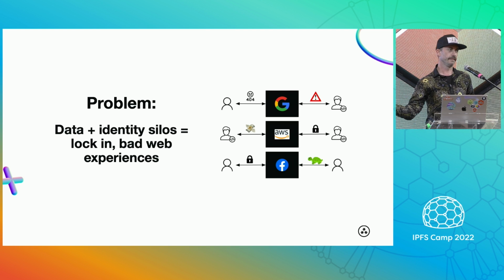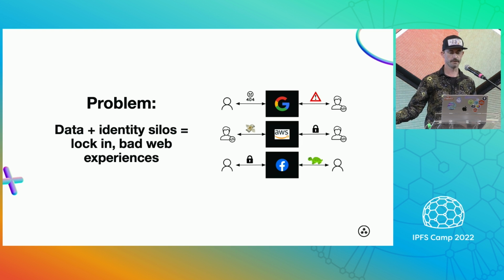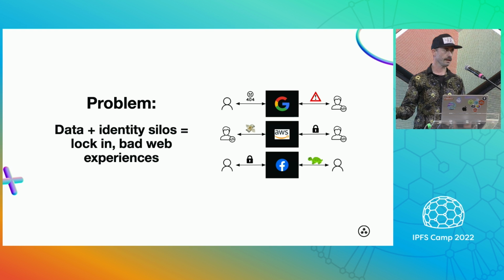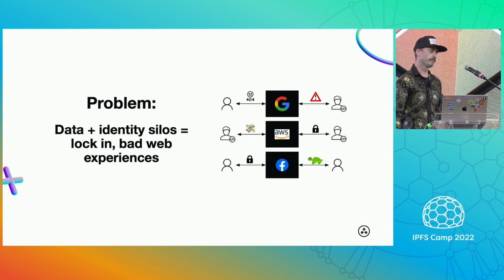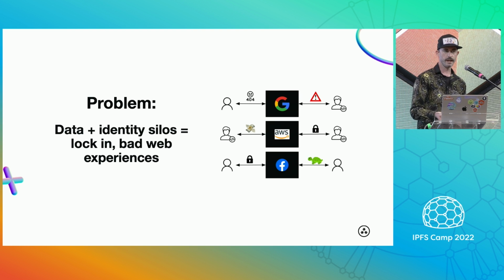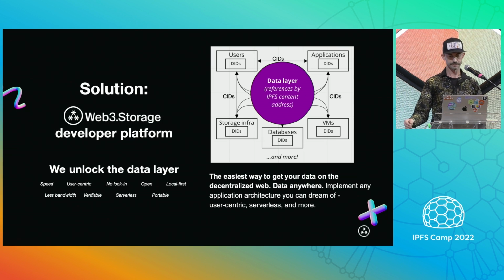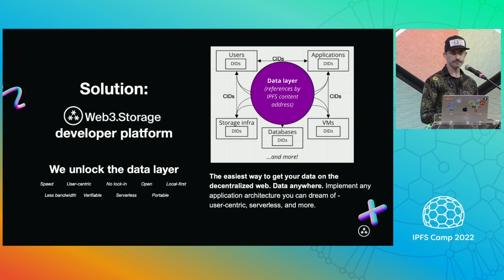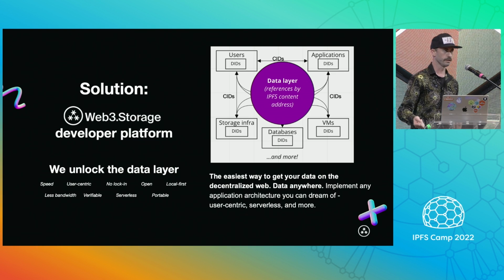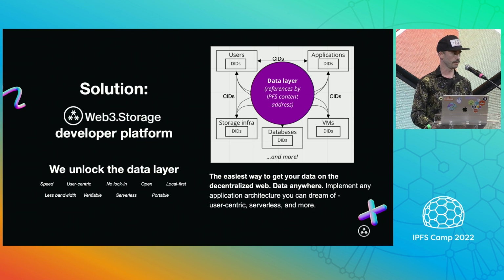And so if you're building with a siloed or centralized identity provider, if you're building with a centralized siloed data storage provider or compute provider, there's all kinds of pain that you have to slog through every day around that goes away when your data can be anywhere. So by unlocking the data layer, we allow you to write applications that can be independent of the topologies and the vendors they're running on top of.